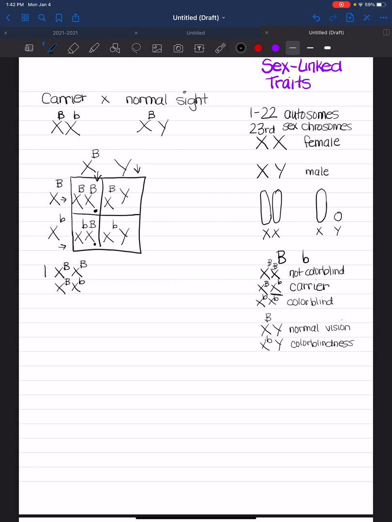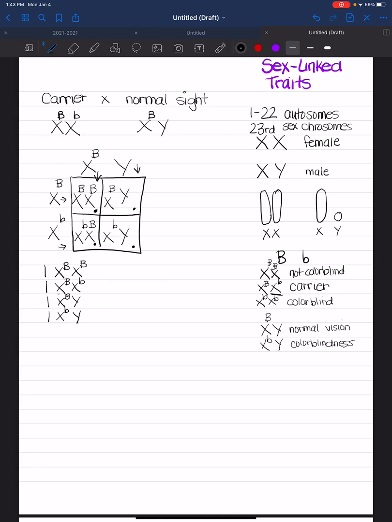Again, it's just good habit to put the big letter first since it's dominant. I look to see if I have any that match it, and I don't, so I have 1 of that genotype. Then I'm going to look at this square. I have X big B Y, and I only have 1 of those. And then I look at this square, and I have 1 X big B, little b Y.